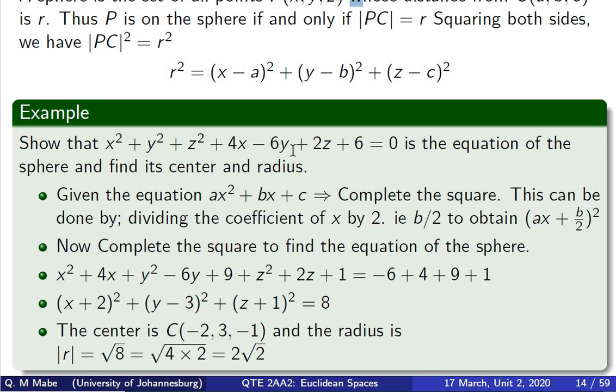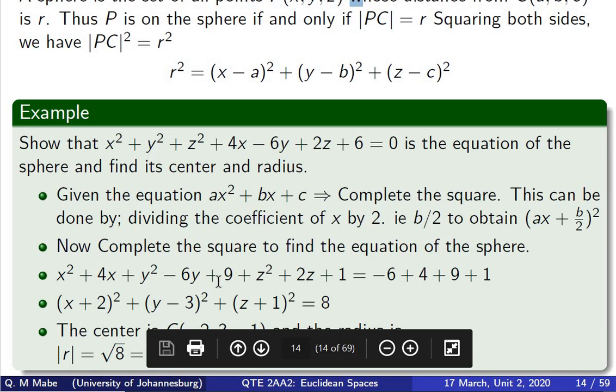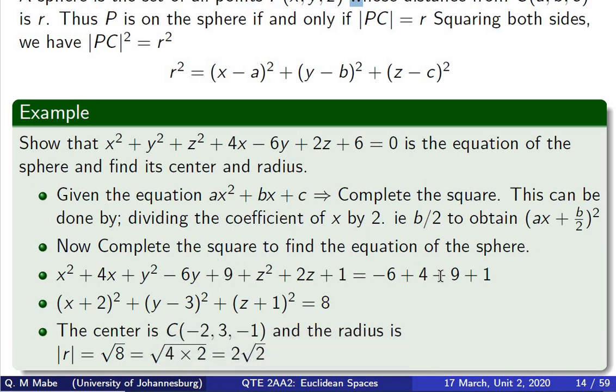So we divide by 2, we get negative 3, because we're going to add 3 squared. Minus 3 all squared means that we add 9 here.